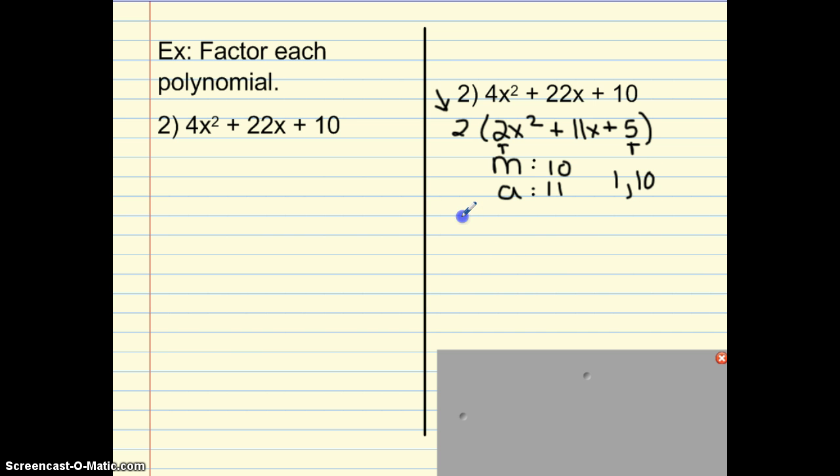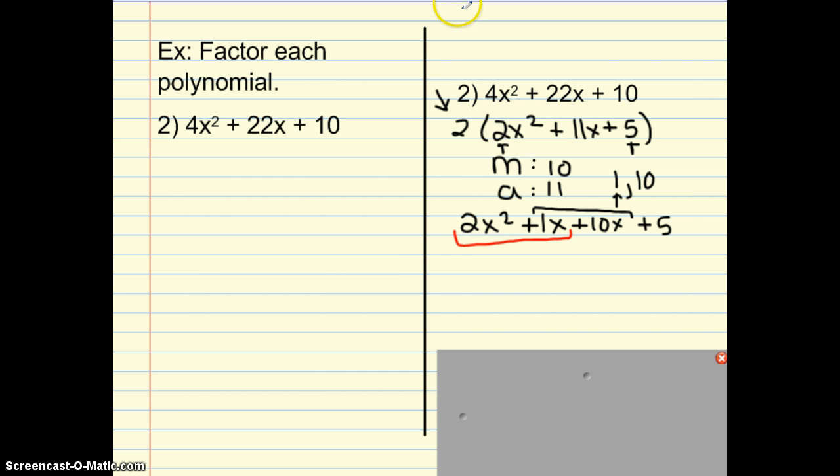And I'm going to rewrite this 2x squared plus 1x plus 10x, because my 1x and my 10x still go back to my 11x, plus 5.